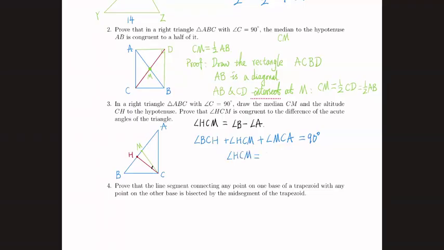HCM equals 90 minus, which one do you go first, BCH or MCA? That doesn't matter. Okay, MCA, BCH. And then, I'm kind of stuck.